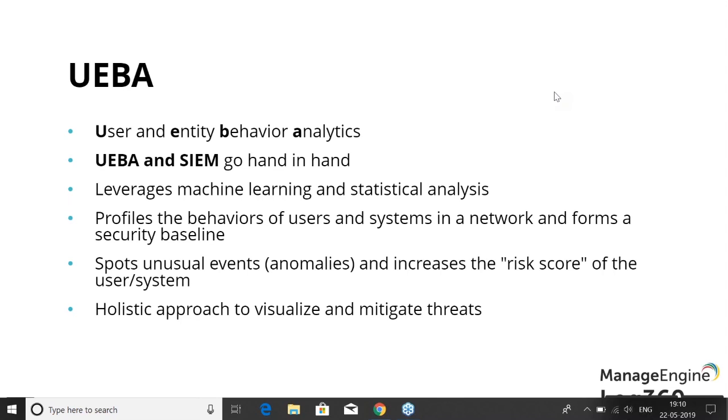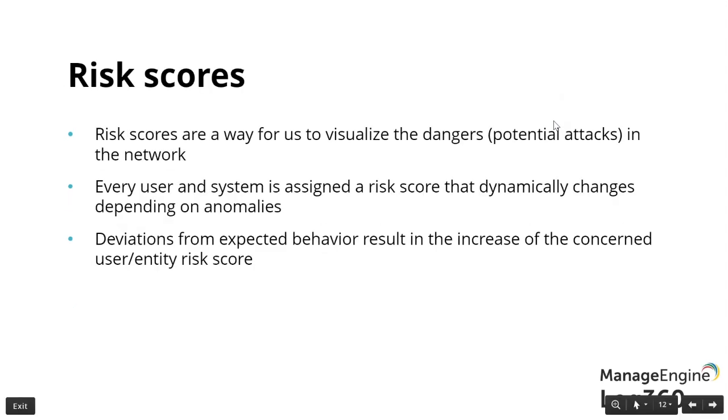So how UEBA works is that it defines what is known as a risk score for every user and system, and it keeps increasing the risk score as and when anomalies happen. If an anomalous event happens for a particular user, the UEBA module increases the risk score associated with that user, and it becomes very easy for the administrator to visualize the risk and track and measure the incident.